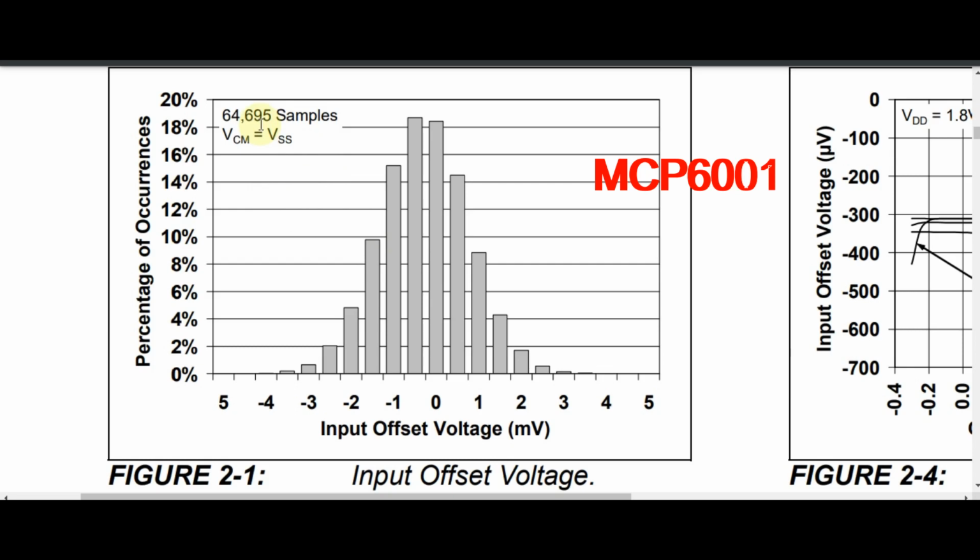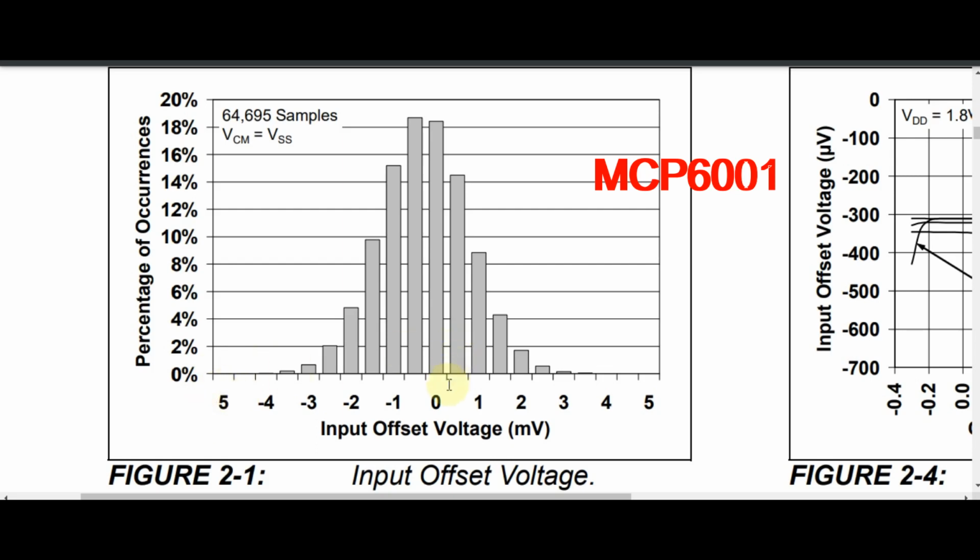The number of samples tested to plot this graph is 64,695. You can see they have given 0, 1, 2, 3, 4 and 5, and on this side minus 1, minus 2, minus 3, minus 4 and minus 5. Maybe there is some clerical mistake here.